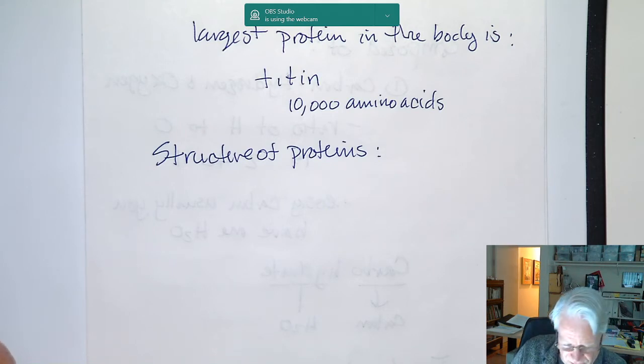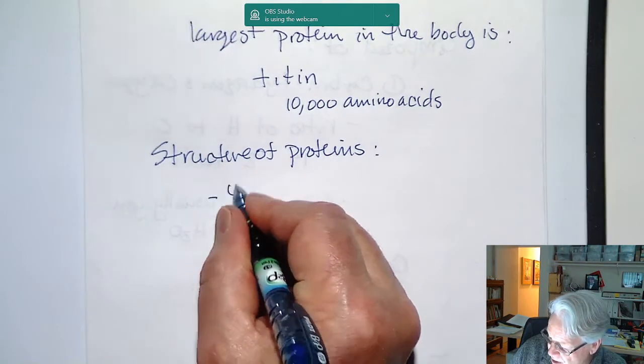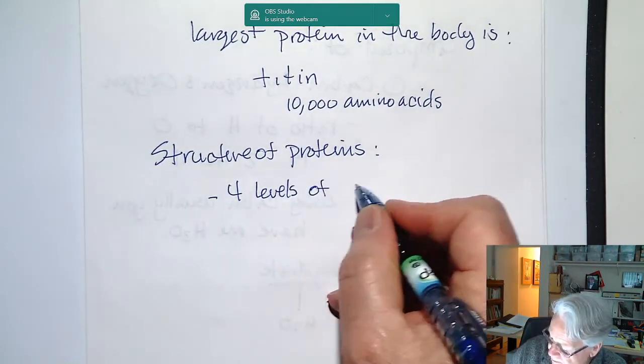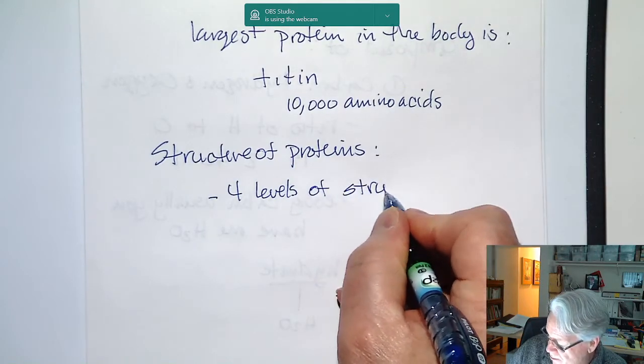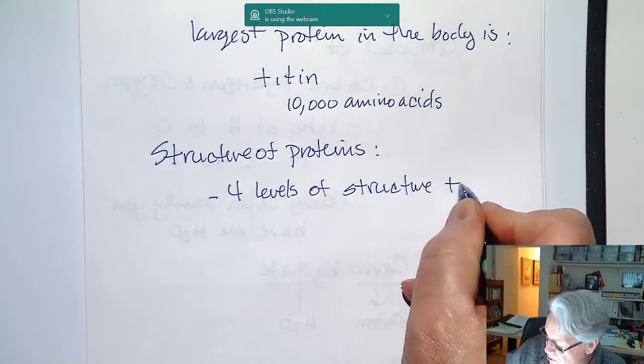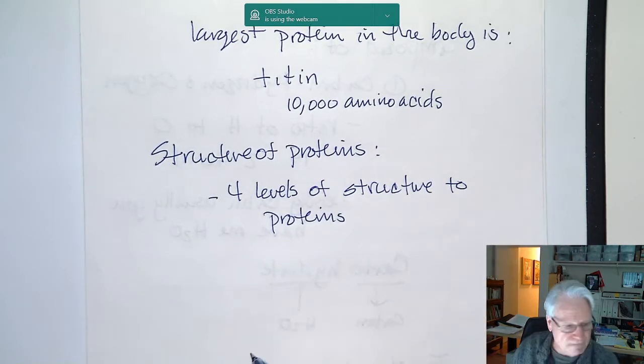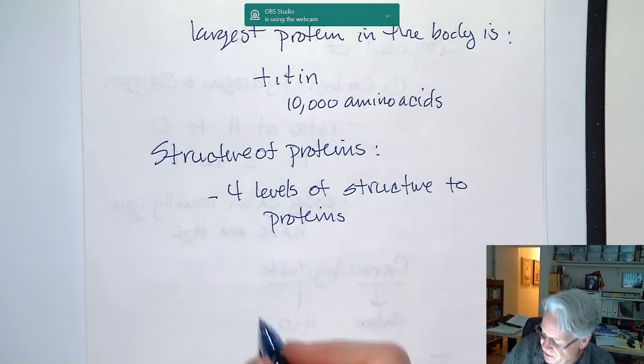Form follows function. So it turns out there are 4 levels of structure to proteins. All right, and let's go ahead and identify what they are.